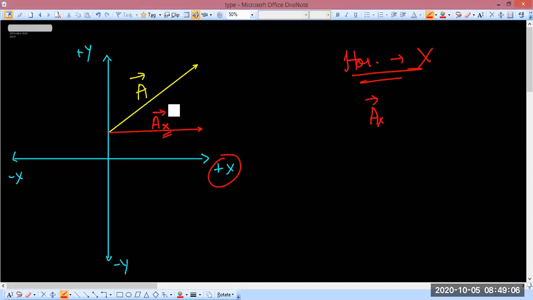Okay, now let's draw one more. See, I'm drawing it from the head of the first. So basically I'm using the triangle method of addition. Did you understand this? There is a good right angle here. Is this clear?